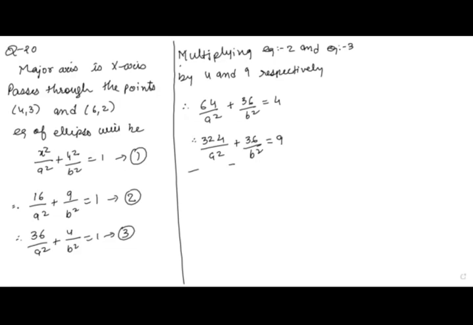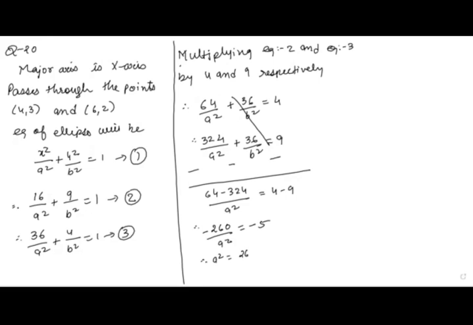Now subtracting these equations, I will have 64 minus 324 upon a square is equal to 4 minus 9. Therefore, this will be minus 260 upon a square, and this will be minus 5. So cross multiplying, I will have the value of a square as 260 by 5, and the value of a square will be 52.